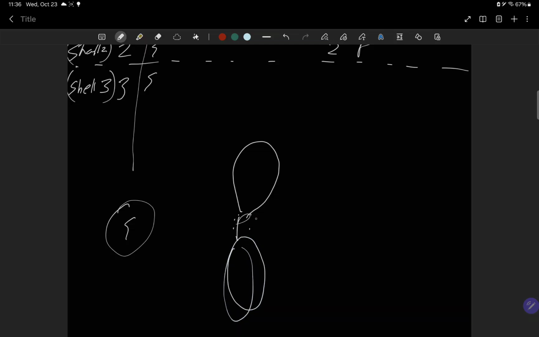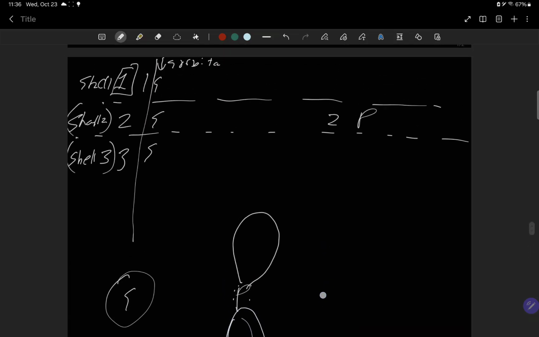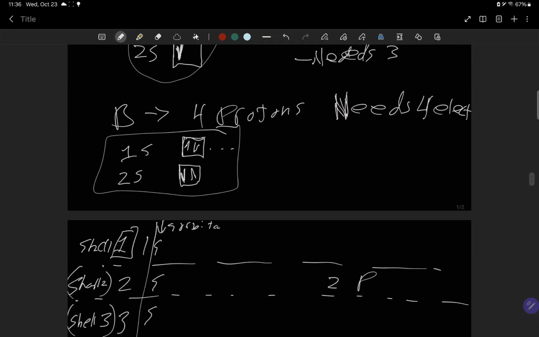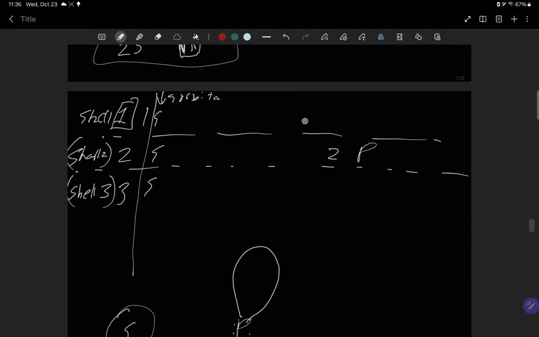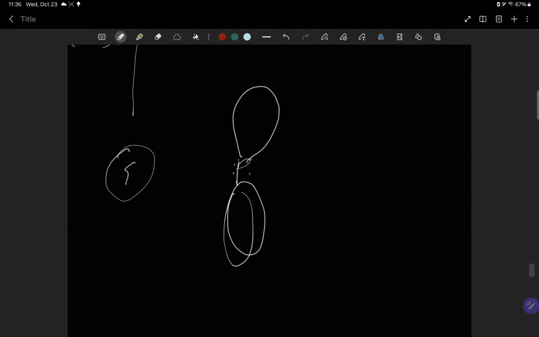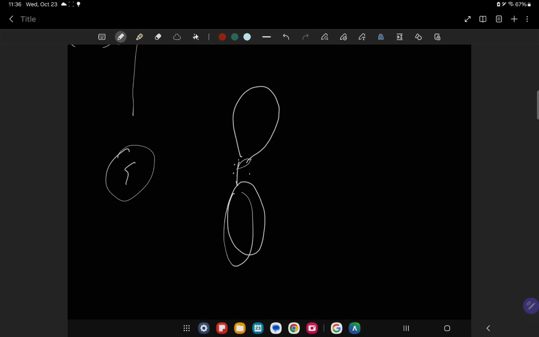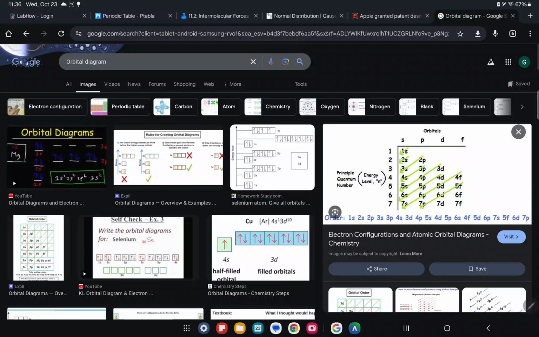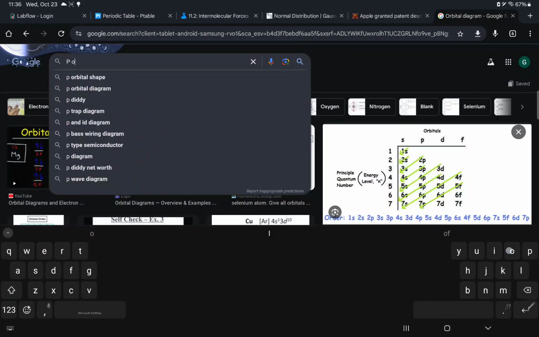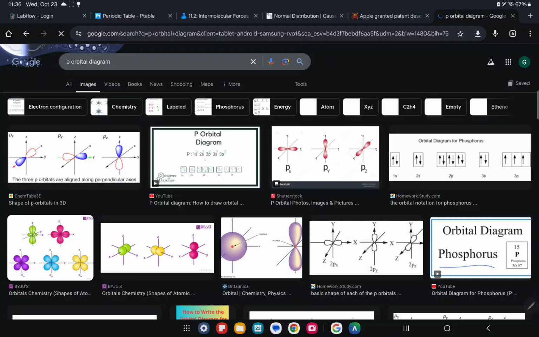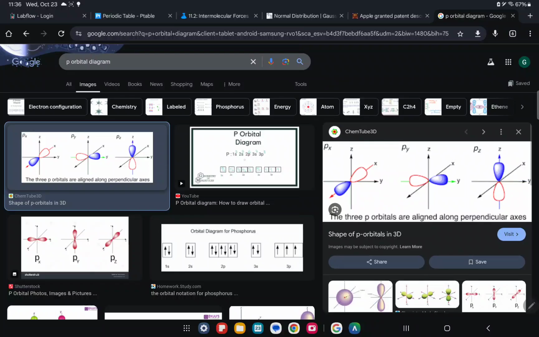Let me make sure I'm drawing it right. Because it's a different shape, it makes it easier to squeeze more into this next shell.